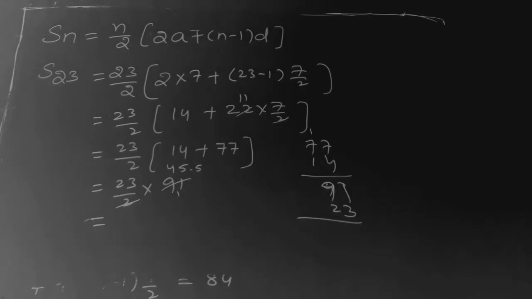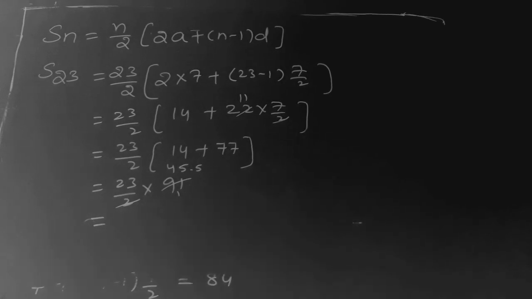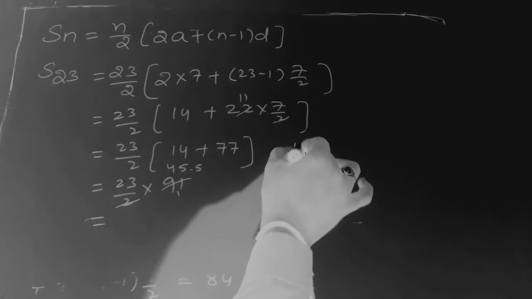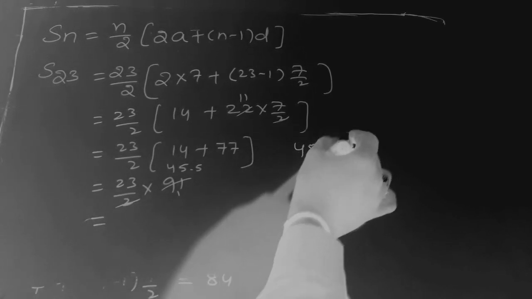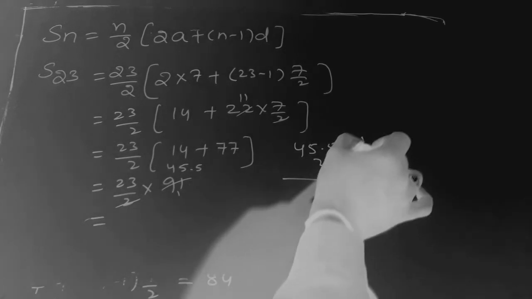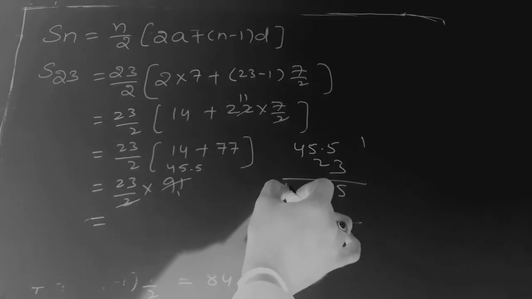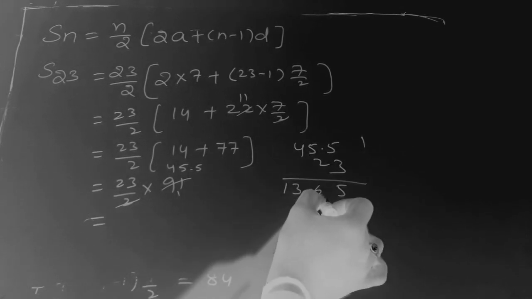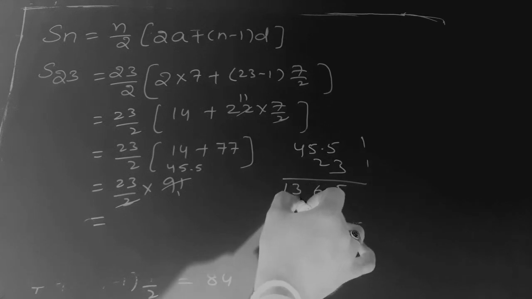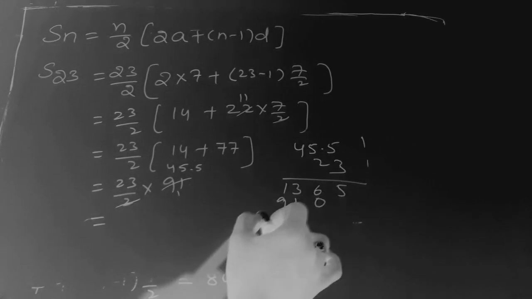So now you multiply this 45.5 with 23. You will get the final answer. So 45.5 with 23. 3 5s are 15. 1 here, 3 5s are 15 plus 1 is 16. 1 here, 3 4s are 12 plus 1 is 13. 2 5s are 10. 1 here, 2 5s are 10 plus 1 is 11. 1 here, 2 4s are 8 plus 1 is 9.